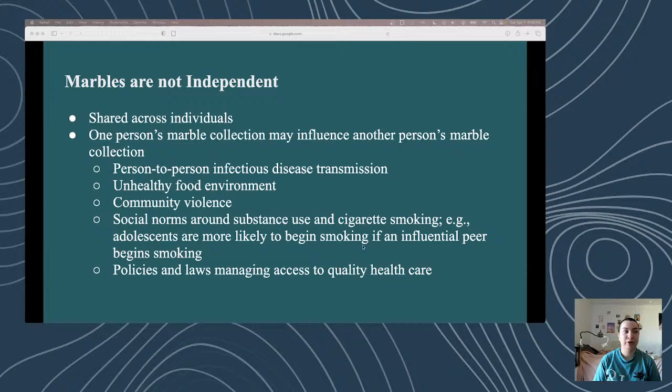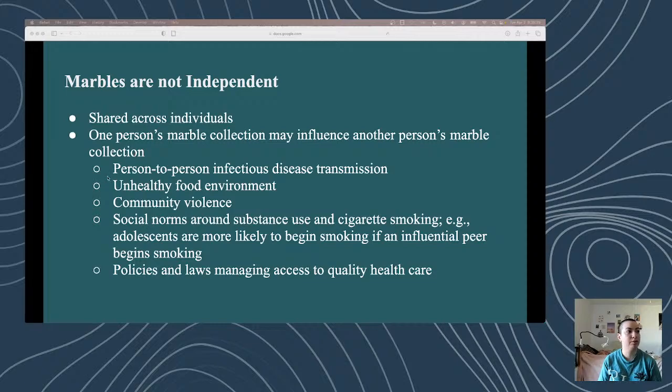And I want you to think about marbles as things that are not independent. Again, we limit ourselves thinking just about marbles as individual risk factors. This is kind of where we link to the social ecological model, just saying that there are factors or causes that happen at levels above the individual and therefore can be shared across individuals. That one person's marble collection might influence another person's marble collection.